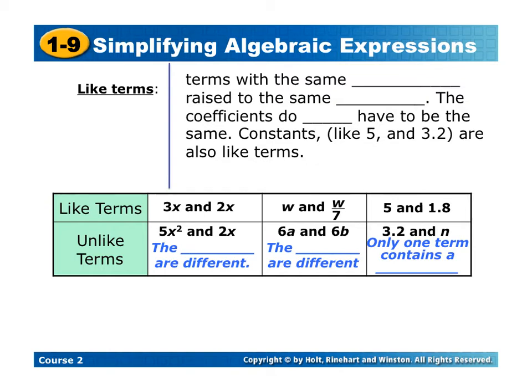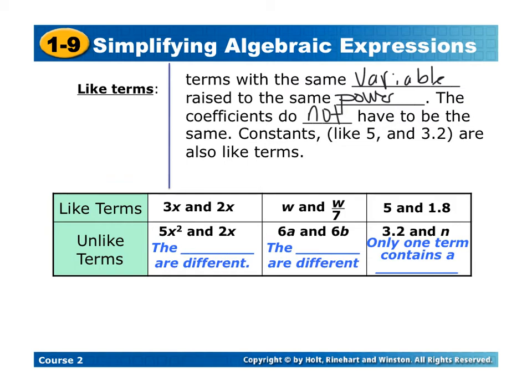So in math class, like terms are terms that have the same variable raised to the same power. And the coefficients do not have to be the same. However, constants like 5 and 3.2 are also like terms.